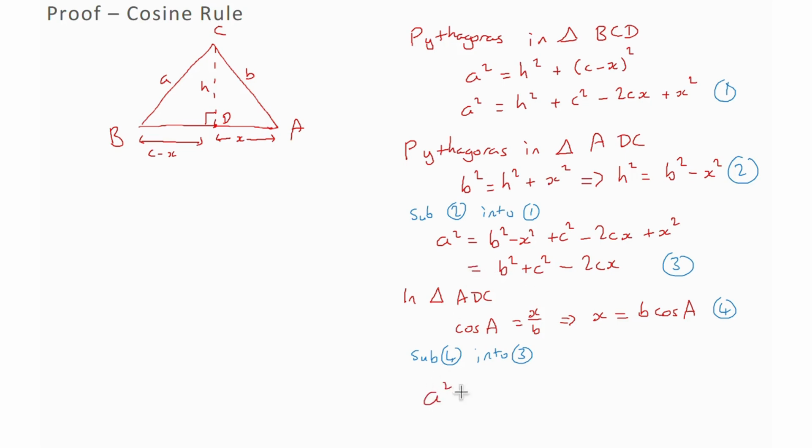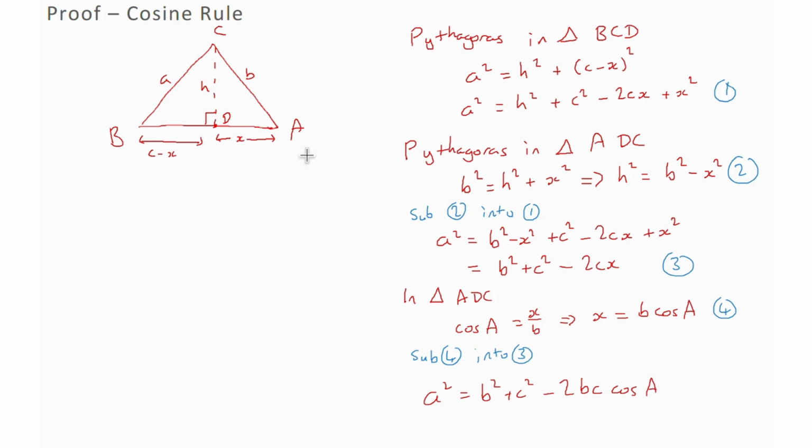And I get A squared is equal to B squared plus C squared minus 2BC cos A, giving me the cosine rule with A as the length that is unknown.